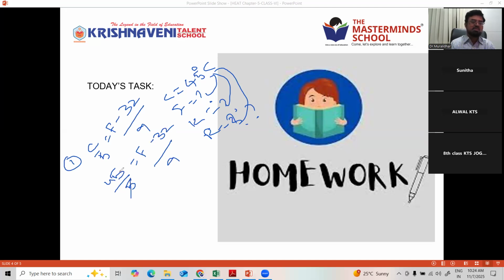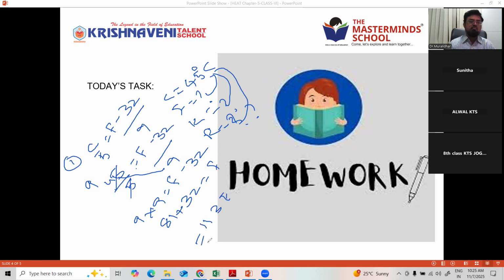Right? So 5 nines are 45. Right? So bring 5 this side, 9 this side. So you get 9 into 9 is equal to F minus 32. So 9 nines are 81. 32 minus is there, come this side becomes plus 32 is equal to F. So 113 Fahrenheit. Means 45 degrees Celsius is equal to 113 Fahrenheit.